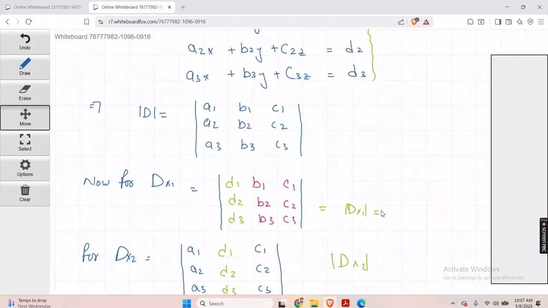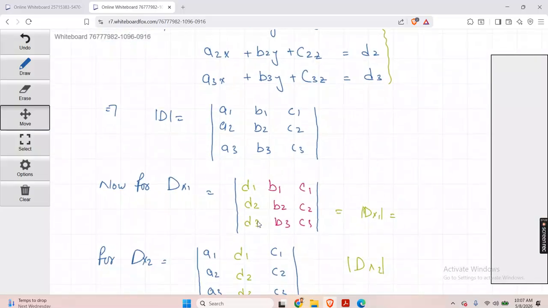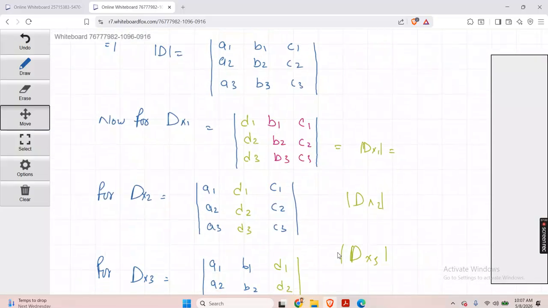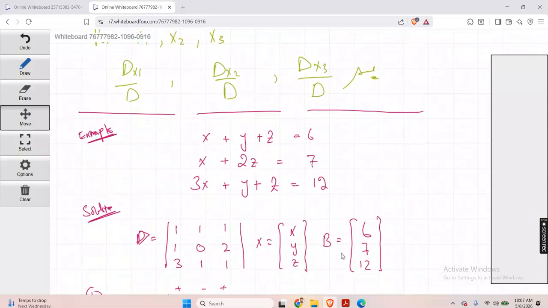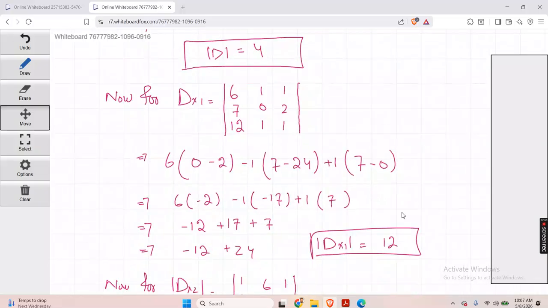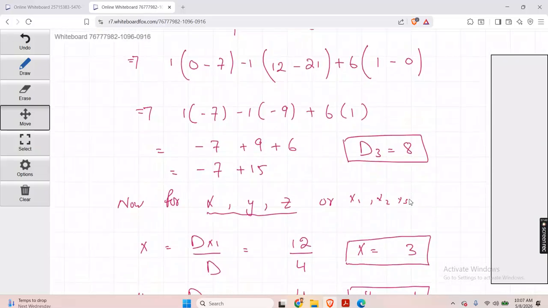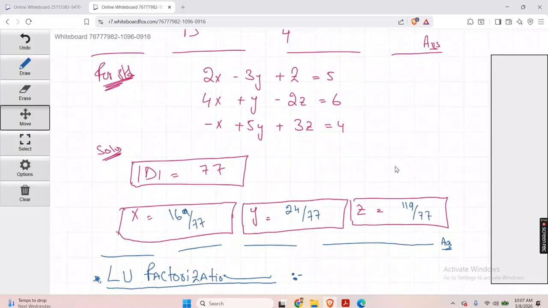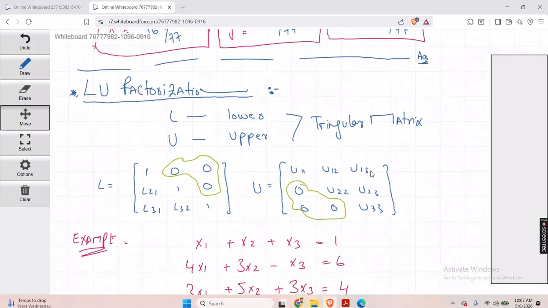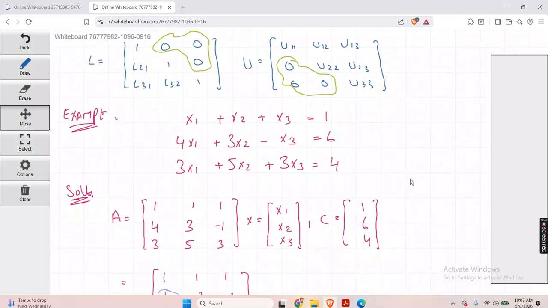Same for the 3 by 3 matrix. In the first D1, first column, then second column, third column, just divide by the main determinant, you will get the answer. And here is the LU factorization, which has lower and upper triangular matrix.